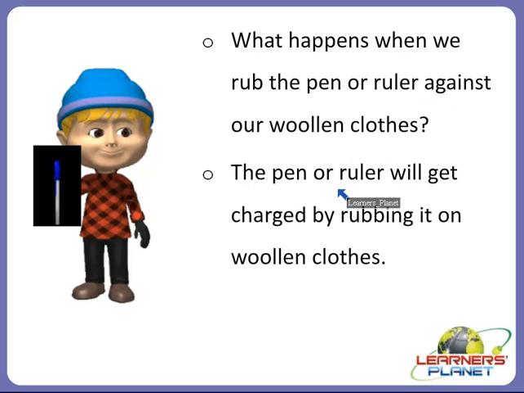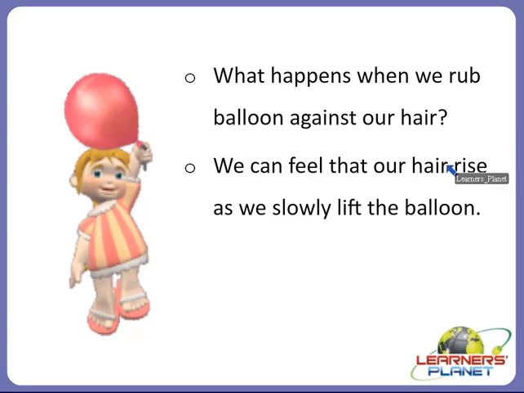The pen or ruler will get charged by rubbing it on woolen clothes, and that is why it produces electrostatic force. In the same way, there is one more example. What happens when we rub a balloon against our hair? That should be dry hair, not oily hair. We can feel that our hair rises as we slowly lift the balloon.